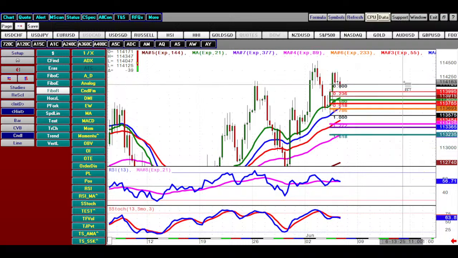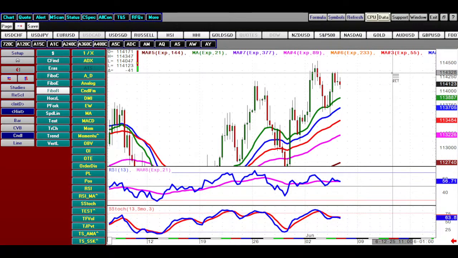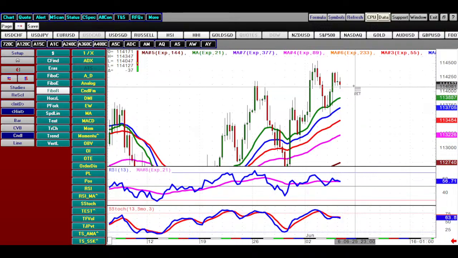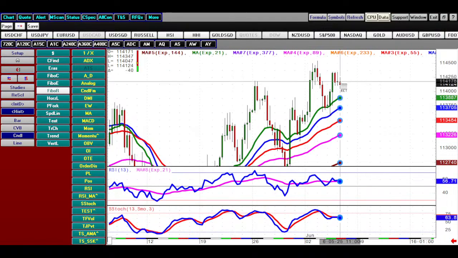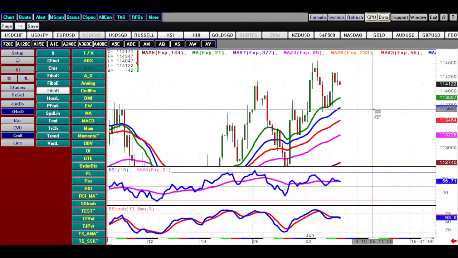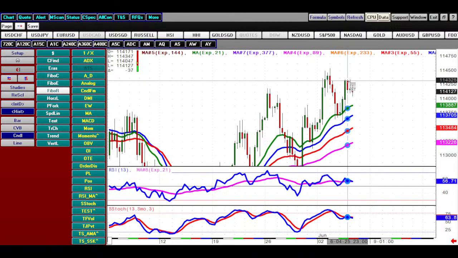These are the three price targets. So as of now, I want to sell 0.2 at 15, TP at 113.65.